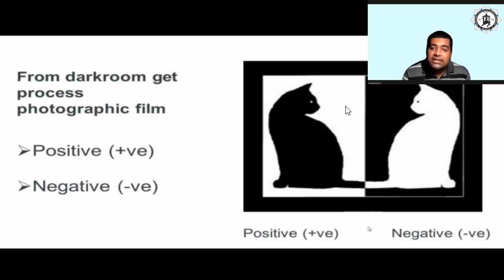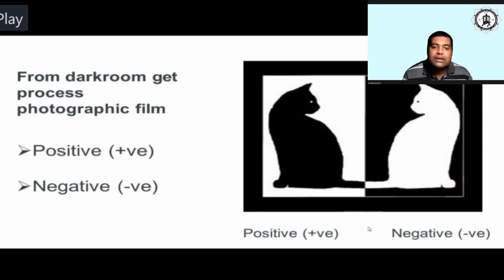Sorry, that means there will be unexposed silver halide in the non-image area, and during the development of the plate, we can very easily wash off that unexposed silver halide material from the non-image area. So this is the difference between the positive transparency and the negative transparency.